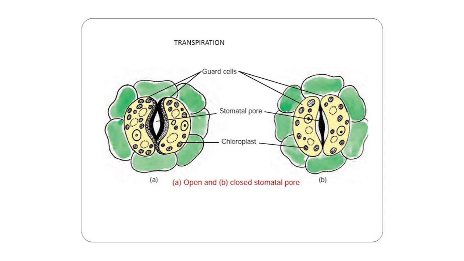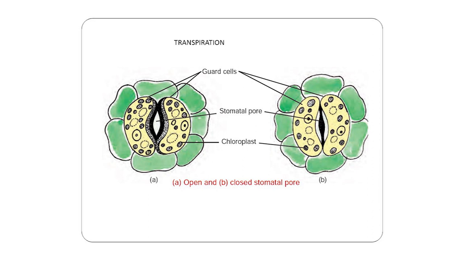Now the open stomatal pore is nice and broad. In guard cells, the outer layer will be thinner and the inner layer will be thicker. So it is kept open. When more potassium ions enter the guard cells, they become turgid, nicely bulging, and this makes the stomata open.